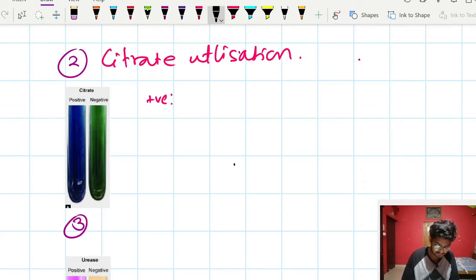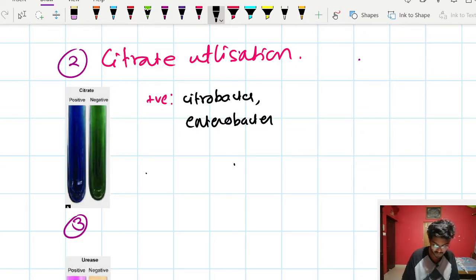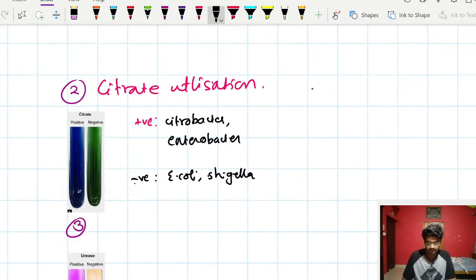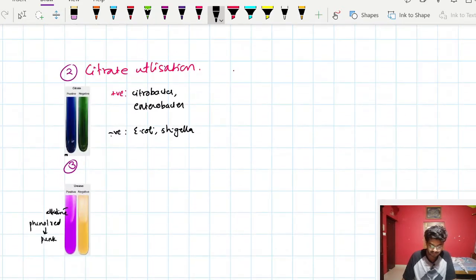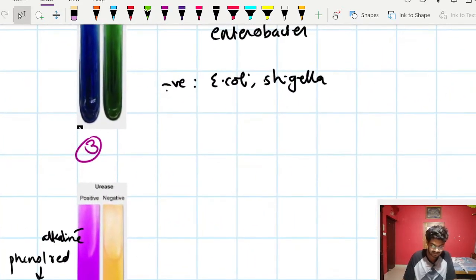Positive is shown by Citrobacter and Enterobacter. Negative is shown by Escherichia coli and Shigella.